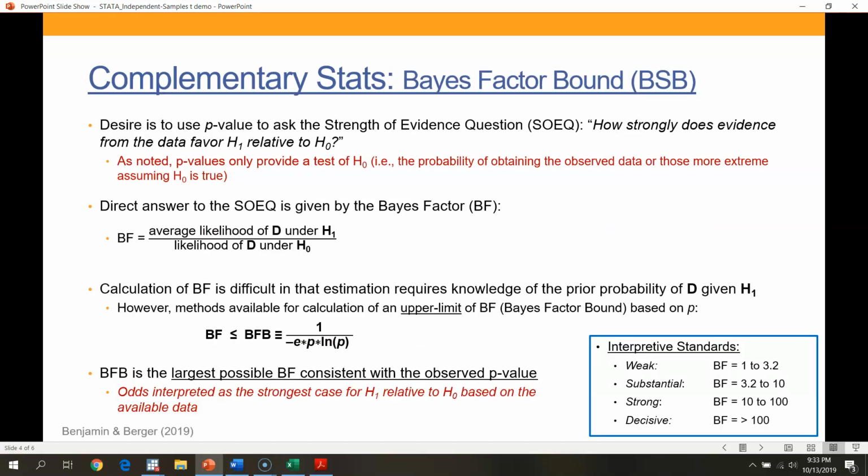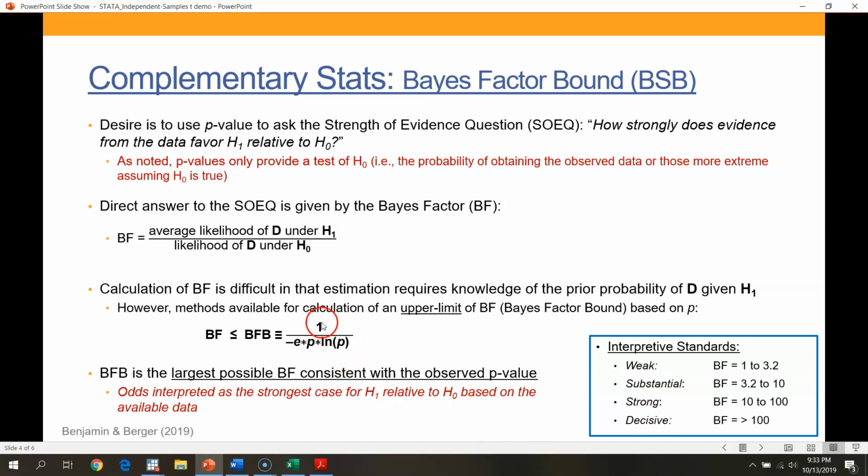And then we're going to calculate a Bayes factor bound. Again, remember that this is an odds ratio interpreted as the strongest case for our alternative hypothesis relative to our null based on the available data. I had sent you some general interpretive benchmarks for Bayes factor bound.